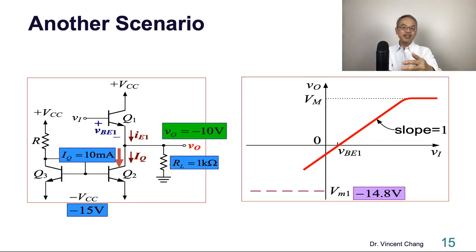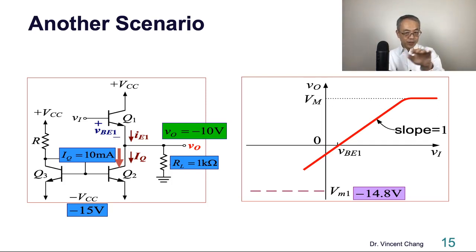So the answer in this case will be negative 10 volt. In other words, it's impossible for the output voltage to swing down to negative 14.8 volt. It will be limited around negative 10 volt. Why?